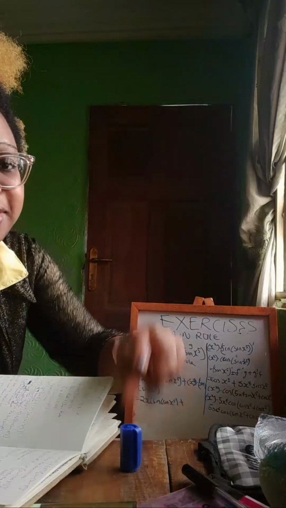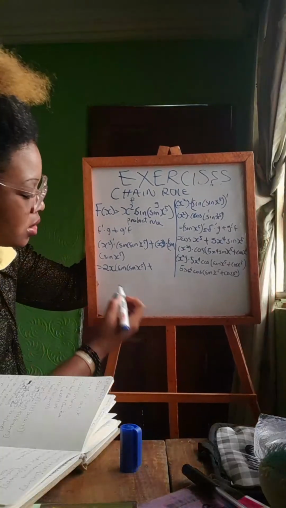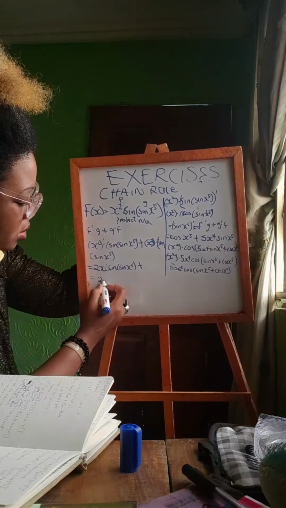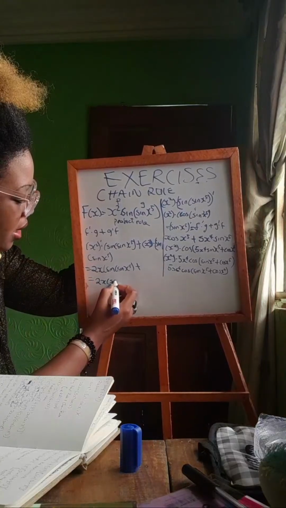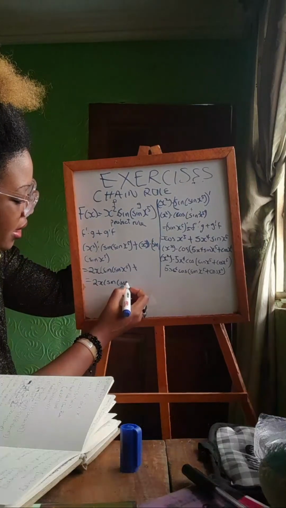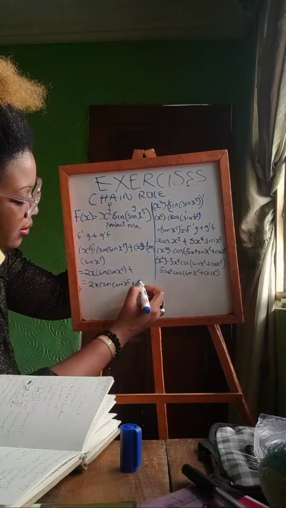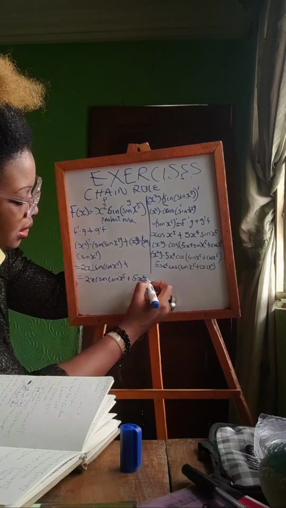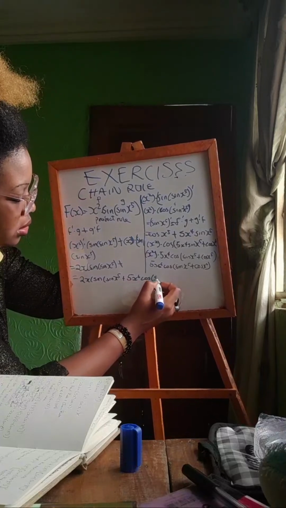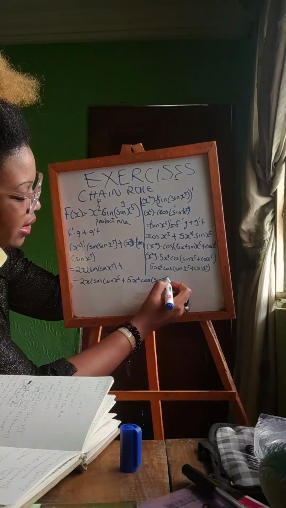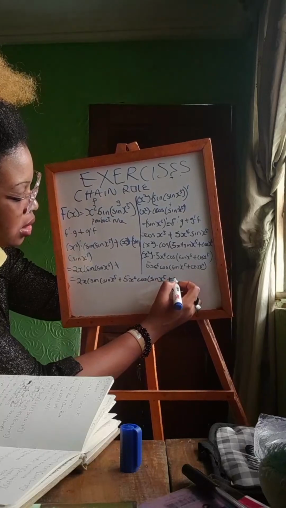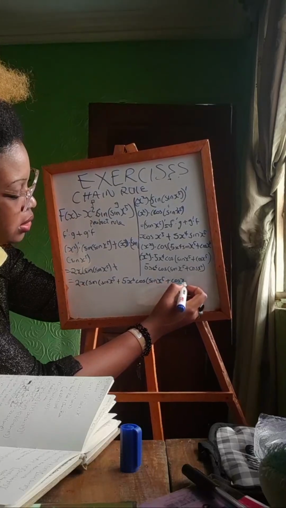It will now be, let's make it cover the entire bottom of the board. I don't know if you guys can see it. If you cannot see it, let's stand it up a bit. So that's 2x into sine x raised to power 5 plus 5x raised to power 6 cos into sine x raised to power 5 plus cos x raised to power 5.